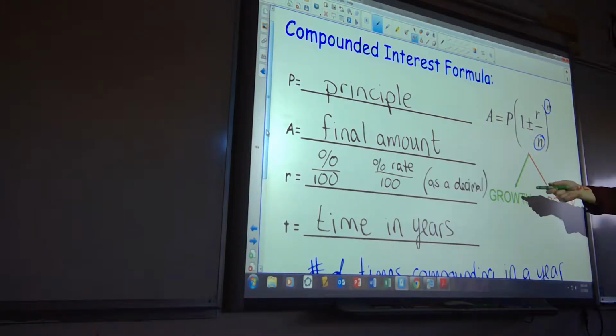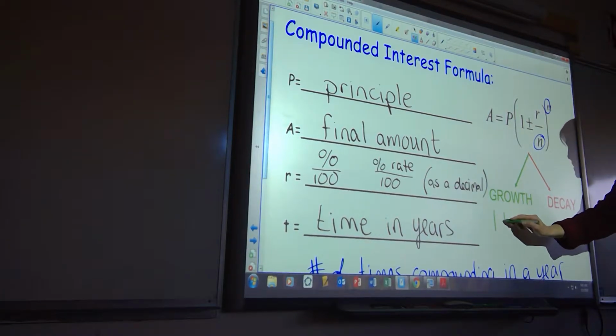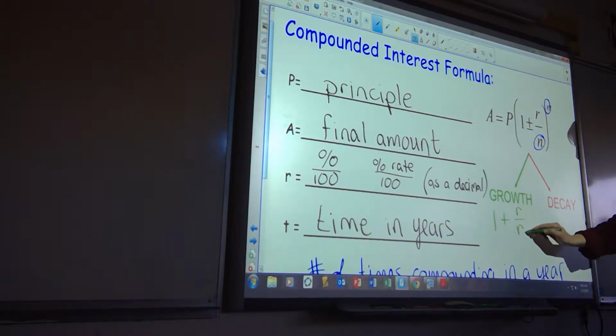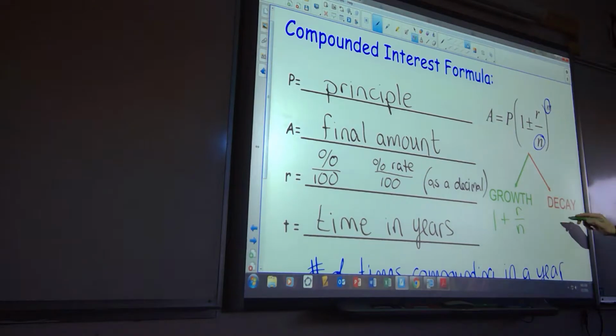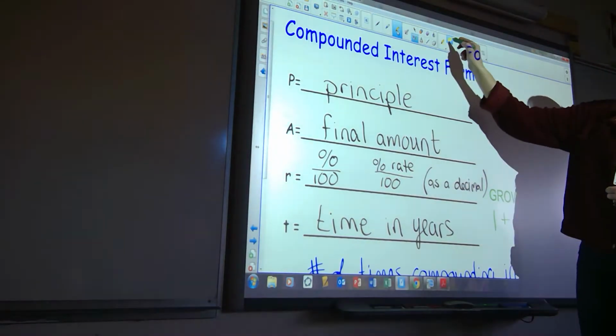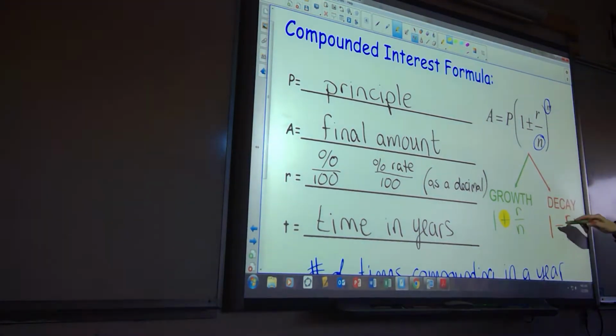Growth versus decay. The growth will have the 1 plus the R over N, whereas the decay will have the 1 minus the R over N. So you have to consciously know to choose the right one based off of the problem that's happening. Student: So we only use this for compound interest when it's monthly?